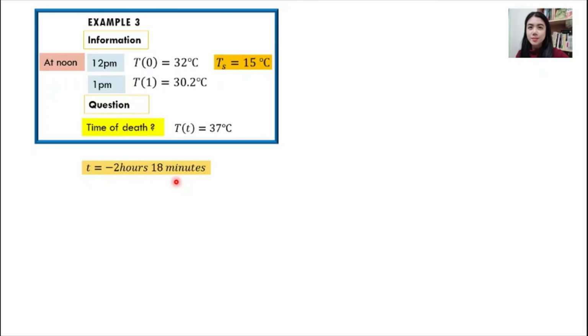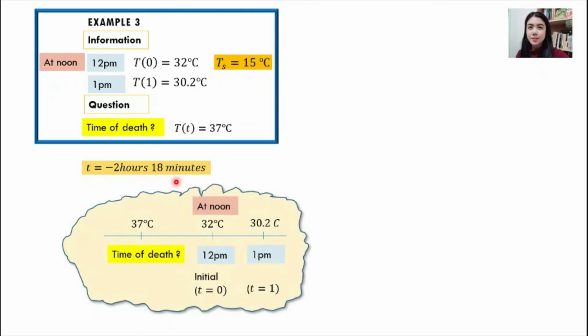Let's refer back to our timeline. Your t is negative 2 hours 18 minutes. How would you know when this man was killed? Trace back from the initial time, which is 12 noon.